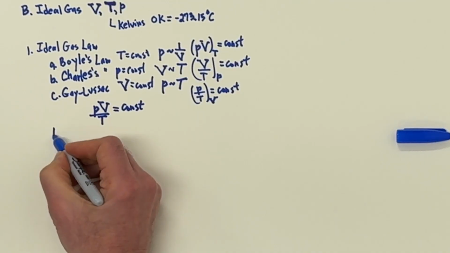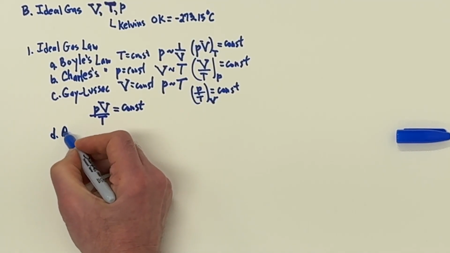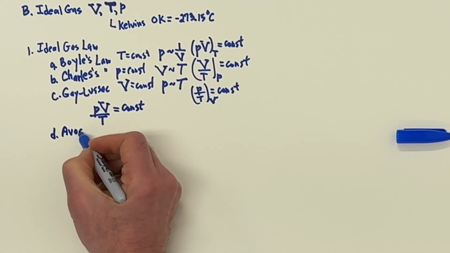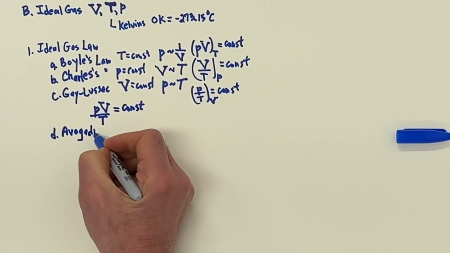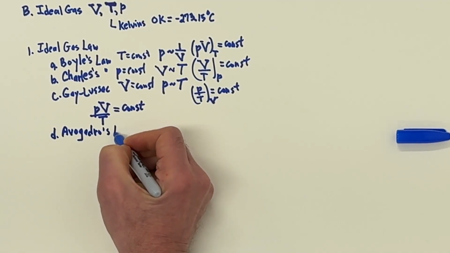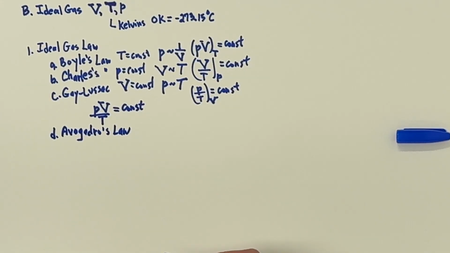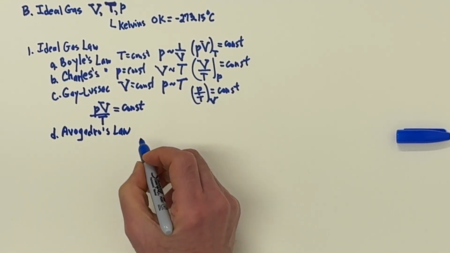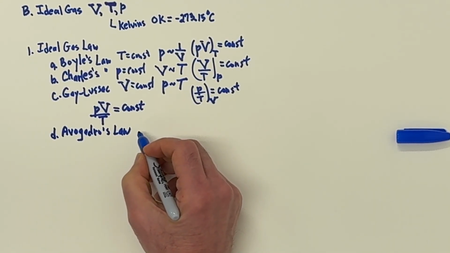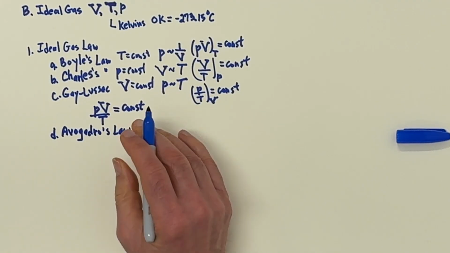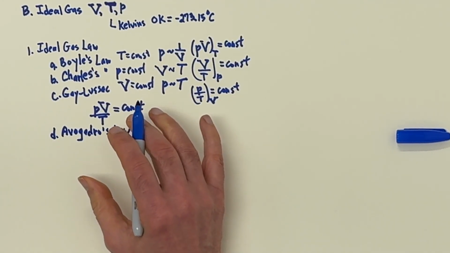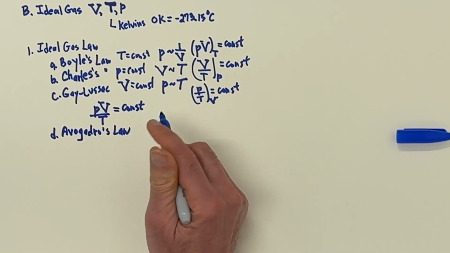Now I would like to look at one more law, and that's Avogadro's law. And for Avogadro's law, you have the same number of particles for all gases at a specific pressure, volume, and temperature.